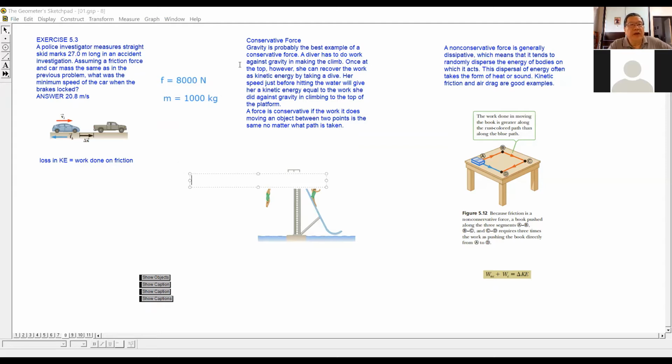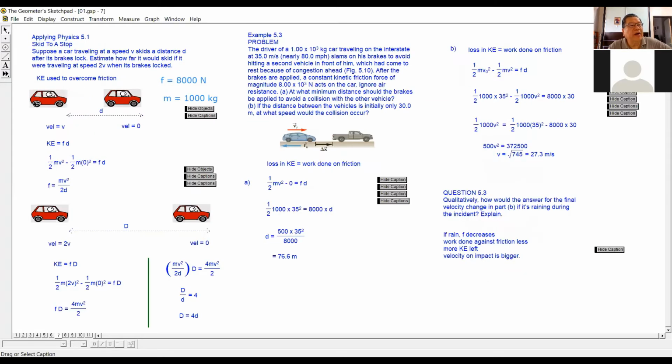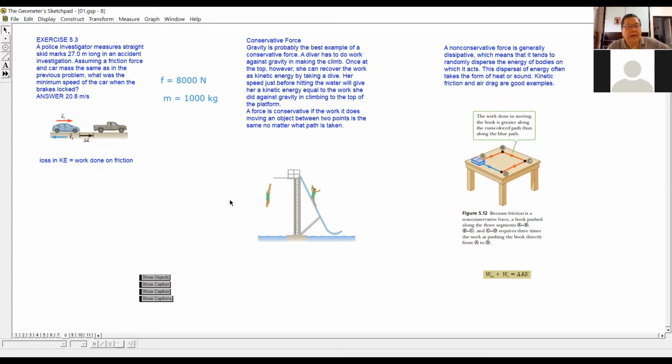Okay, so can you calculate how much is the velocity? Let's say we refer to this one, right? We refer to this. Okay, so let me paste it over here.